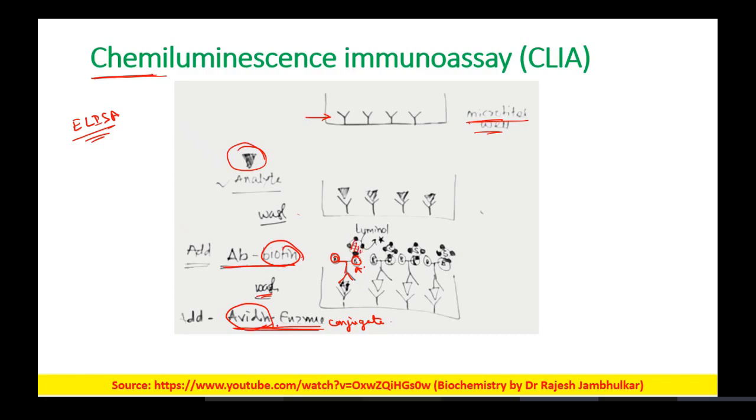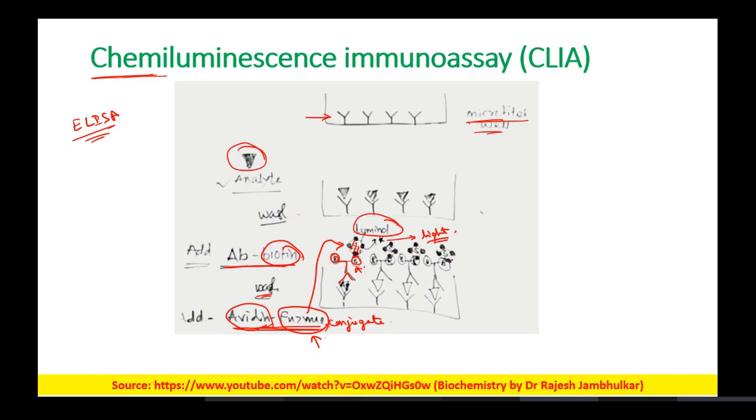This is the avidin enzyme conjugate, so through the avidin ligands, it will bind to the biotin molecules. Then we add a chemical, luminol. Now this luminol is catalyzed by this enzyme, and that gives us light.